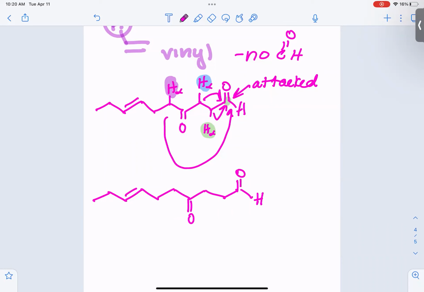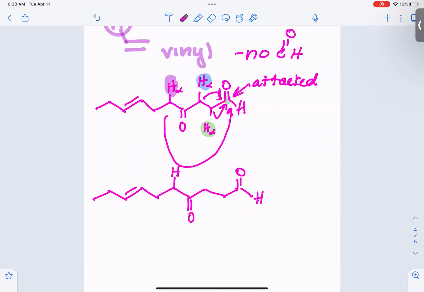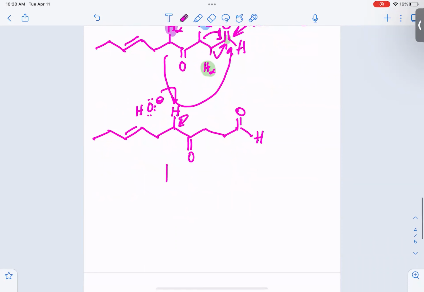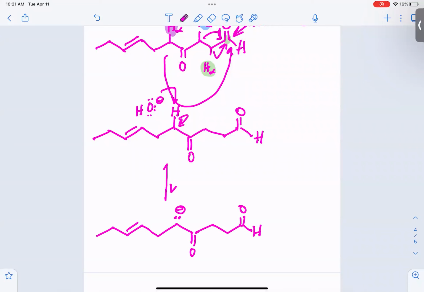Okay. Here is my alpha hydrogen. OH minus takes the hydrogen. The electrons go onto the carbon. My enolate is going to attack my carbonyl.